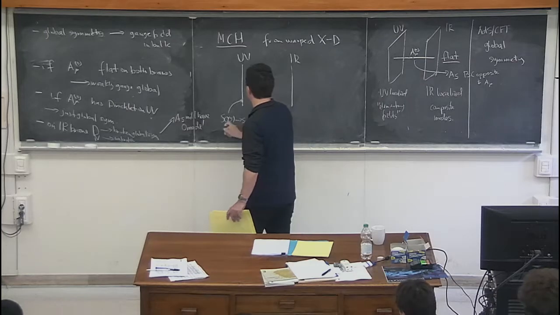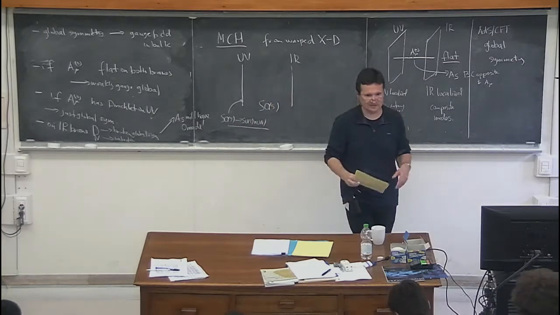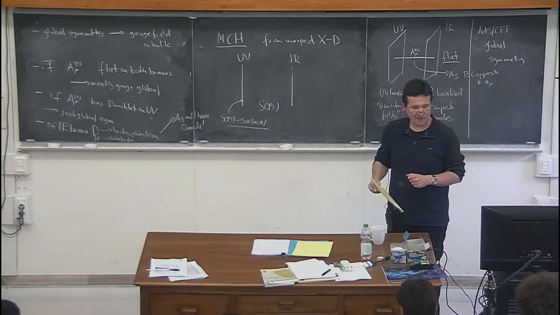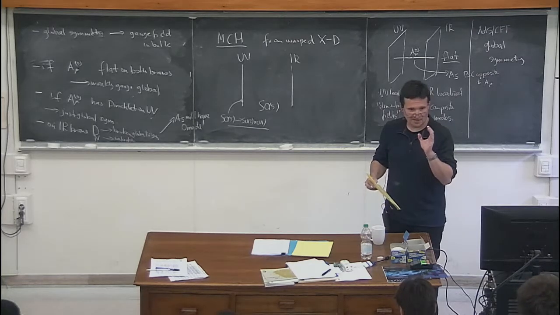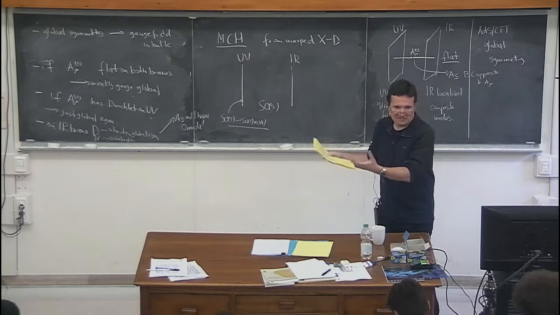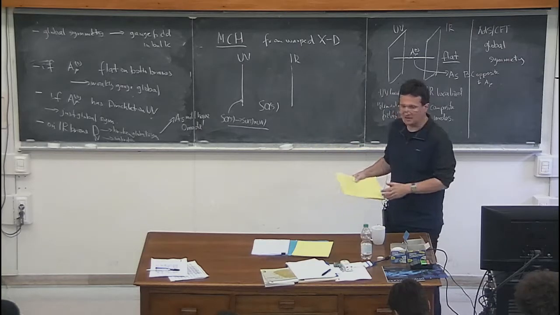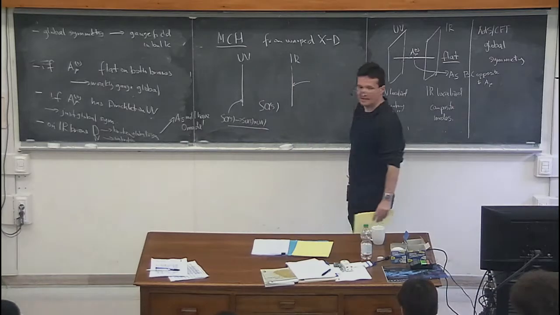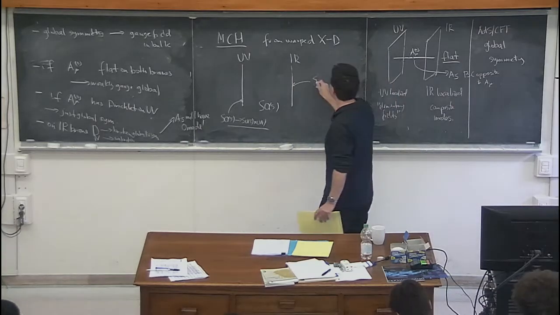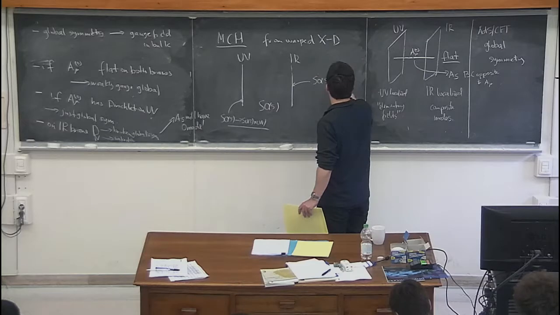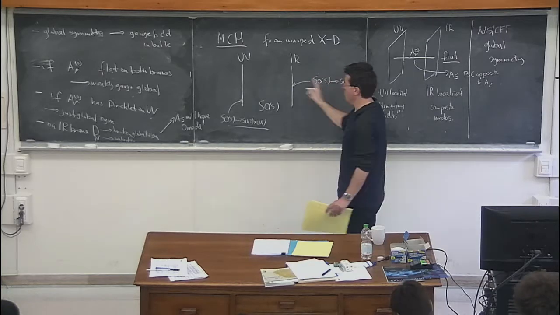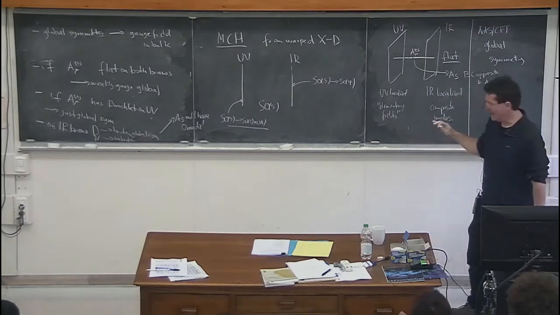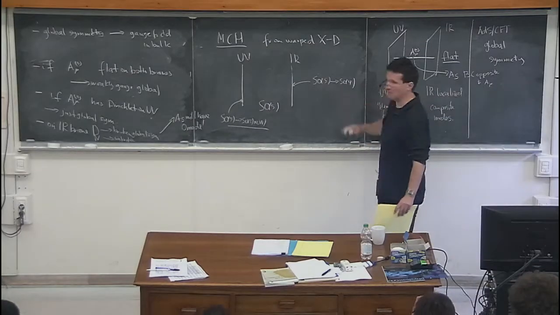That will tell me that at low energies, I only have an SU2 cross U1 gauge symmetry, because that's the only gauge interactions that I can see at very low energies. And on the IR brane, I'm going to break SO5 to SO4. This whole structure, together with the Dirichlet and Neumann conditions, will imply that I will have the Goldstone boson.